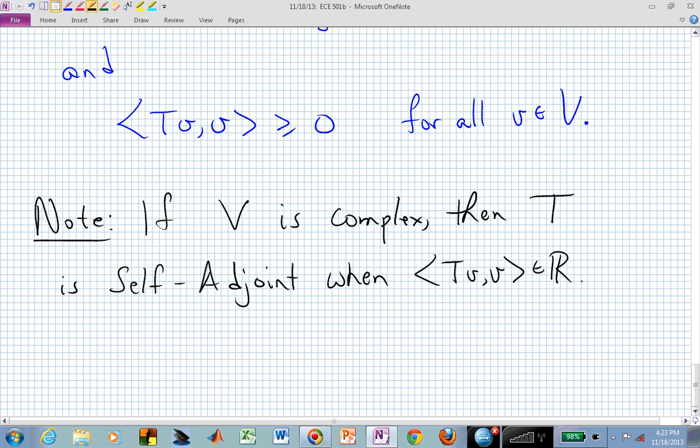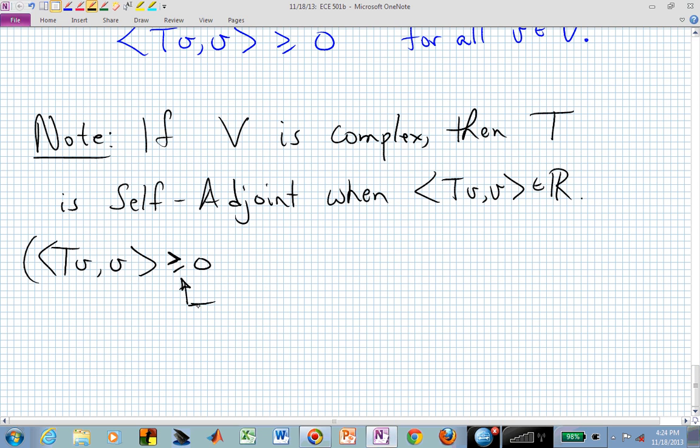And all of that basically comes to us because of the following. If we had the inner product of Tv with v being greater than or equal to 0, if you remember the terminology in the book, this greater than or equal to 0, when that is potentially complex, that really means that you're dealing with a real non-negative result for that inner product.